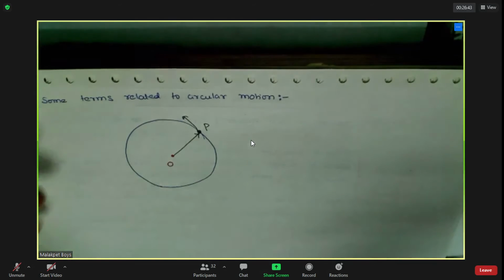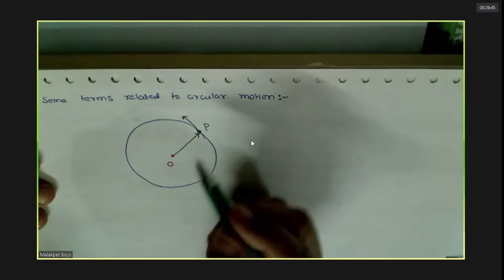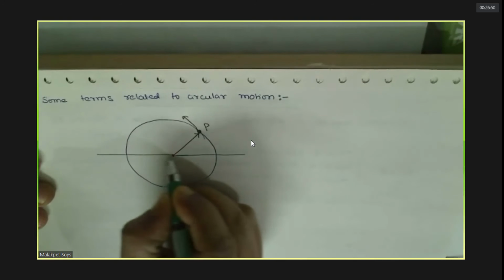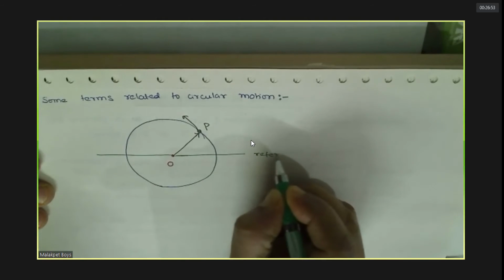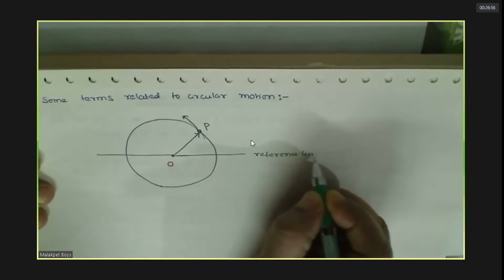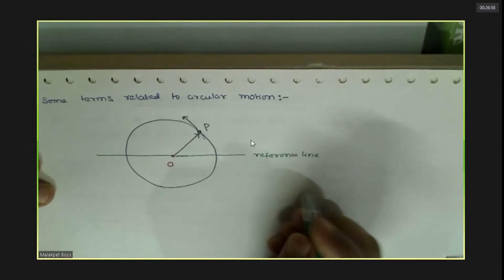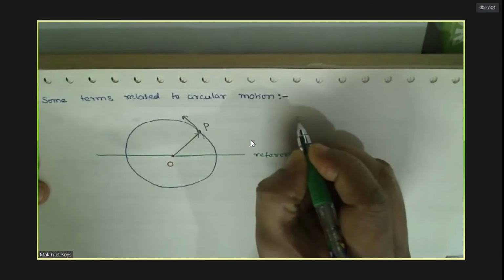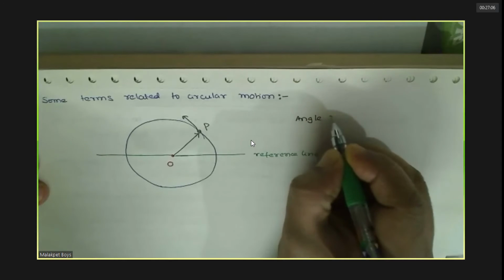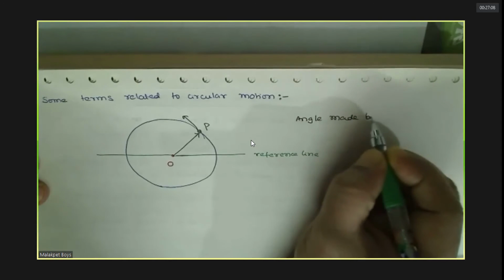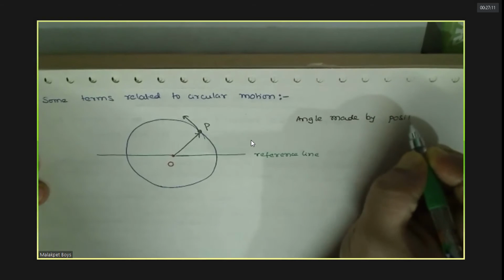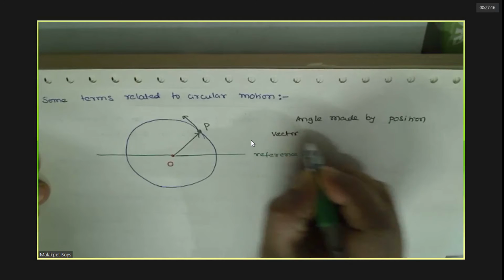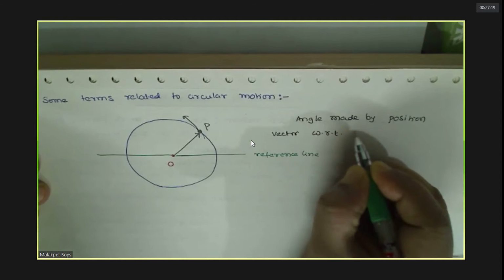Now the next one we have to use is, this is a reference line. So here we have the angle made by the position vector. Position vector is always with respect to something. What is that? Anything you can take.